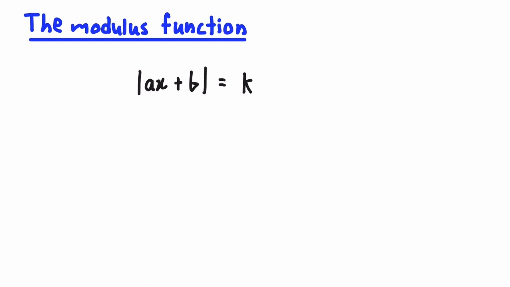What does that mean? It means that ax plus b equals plus k, or ax plus b equals negative k.